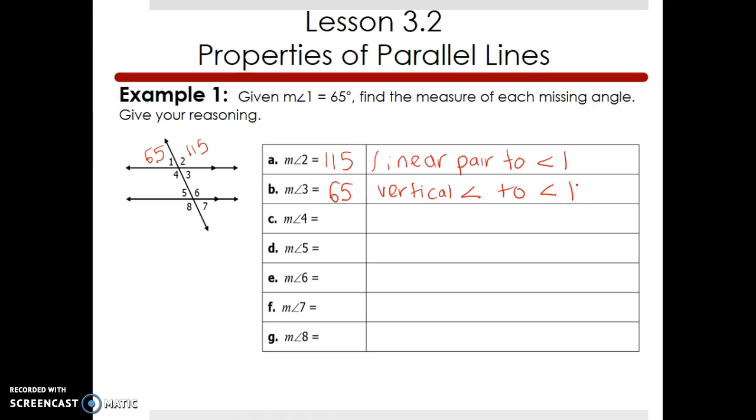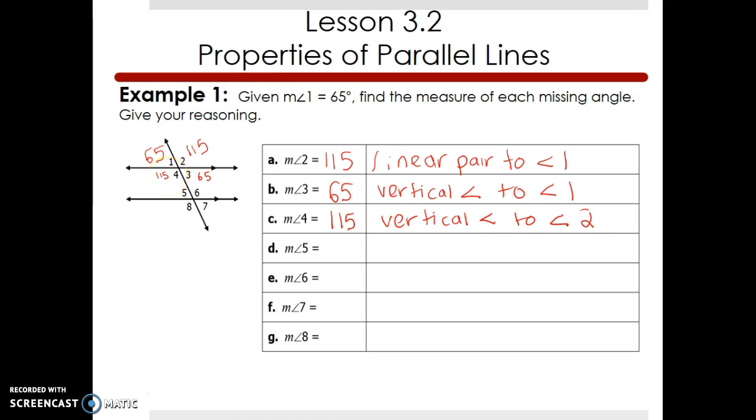And angle 4 is a vertical angle with angle 2, so angle 4 is also going to be 115. So again, I'm just going to write here, this is 65, this is 115.